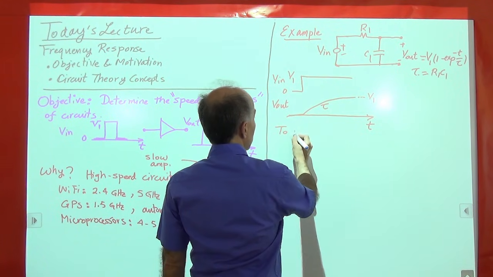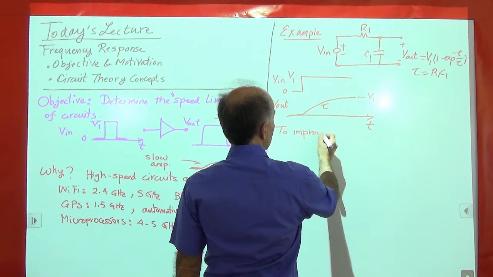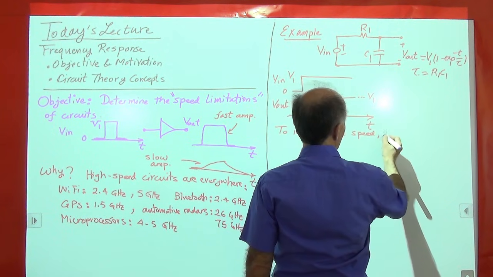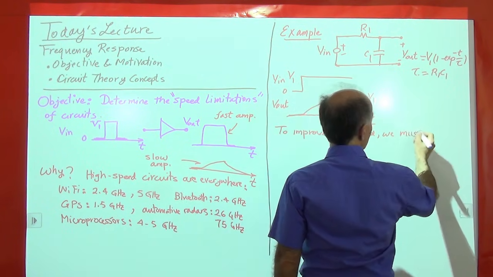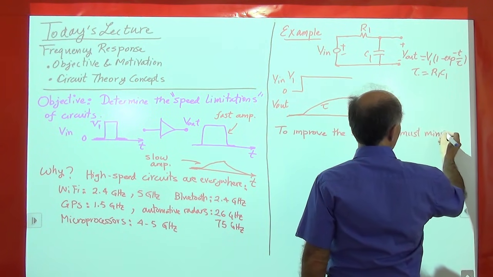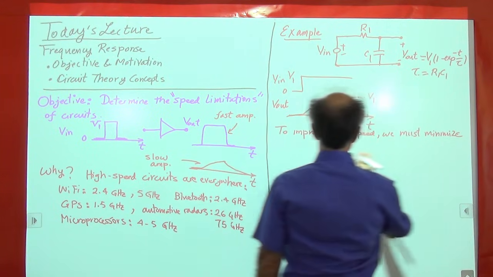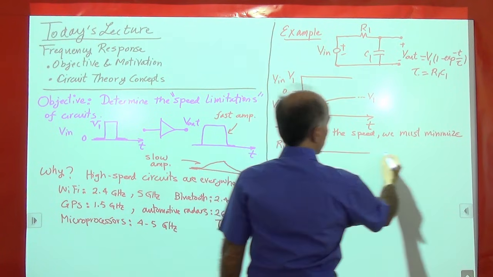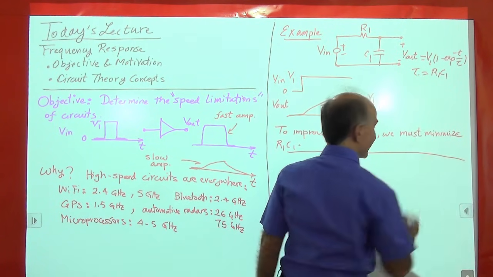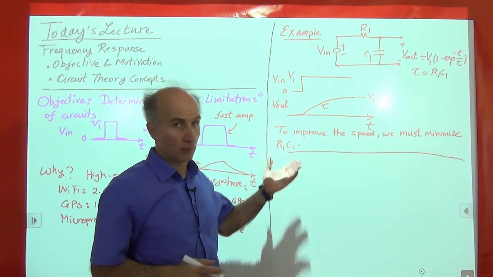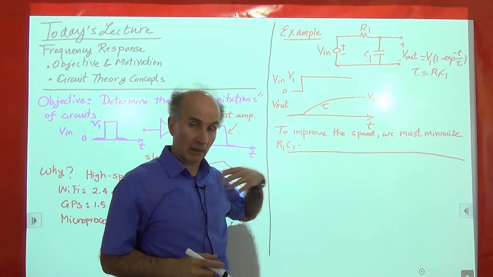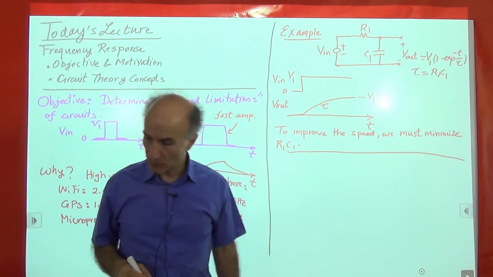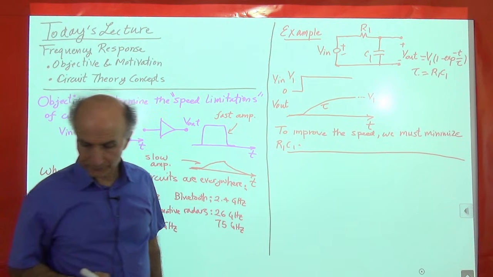So to improve the speed, we must minimize R1, C1. Okay, so now how that is possible and to what extent it is possible, we will have to see. But we know that that's the only variable under our control, right? R1, C1 product has to be minimized. Okay, so that's what happens here.